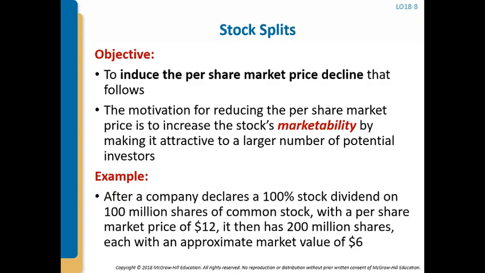So we have an example here. After a company declares a 100% stock dividend on 100 million shares with a per share market price of $12, it then has 200 million shares, each with an approximate market value of $6 per share.